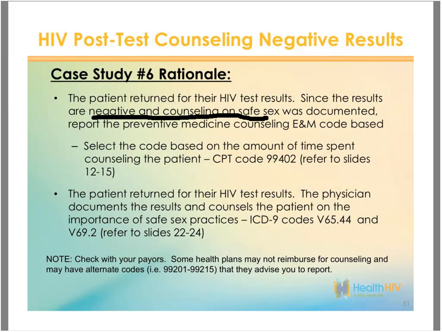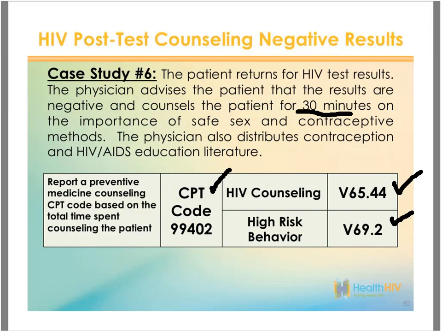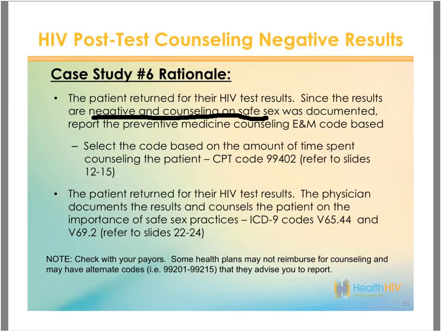But the important aspect here is that you counsel the patient, and that's why you're billing for a diagnosis code of counseling. We also indicate the diagnosis code for the discussion about safe sex, V69.2. So your two diagnoses are explained in this rationale here.